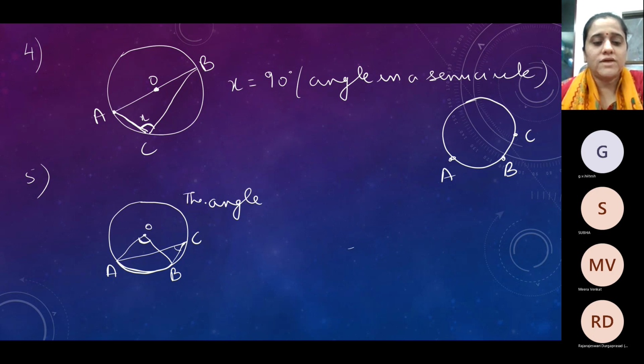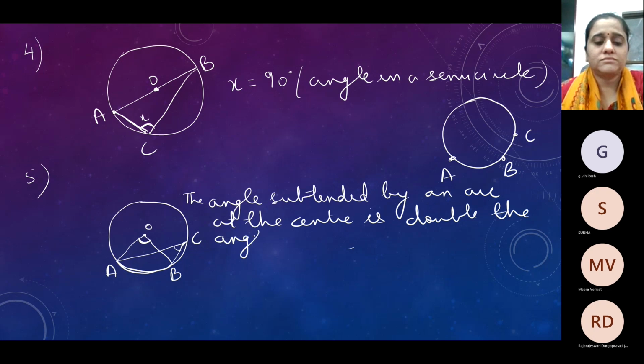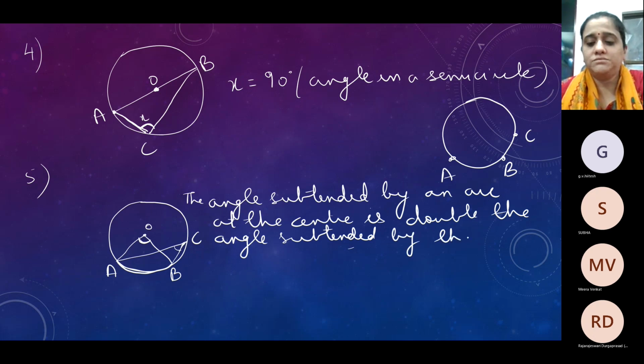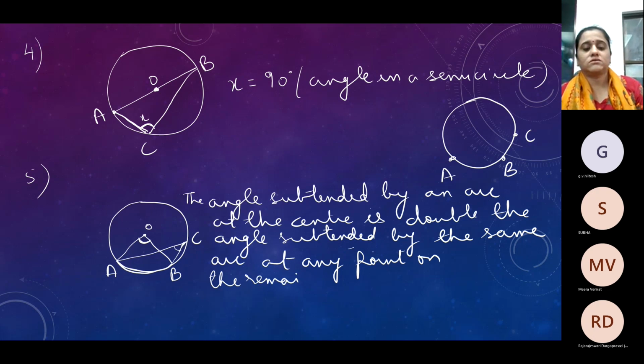The angle subtended by an arc at the center is double the angle subtended by the same arc at any point on the remaining part of the circle.